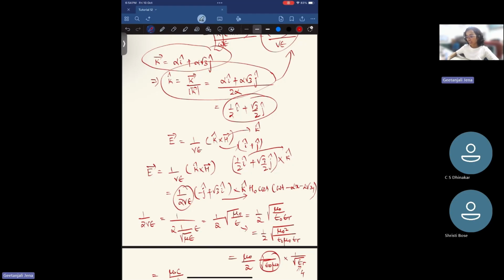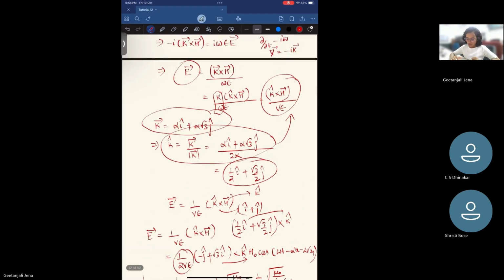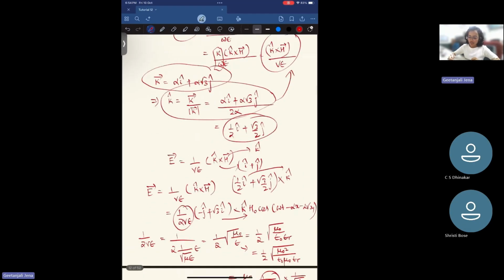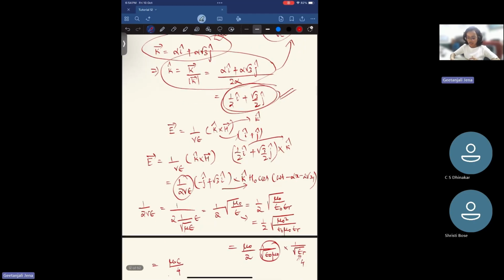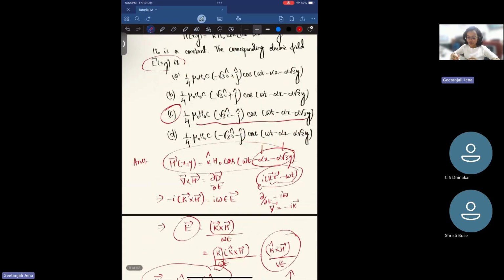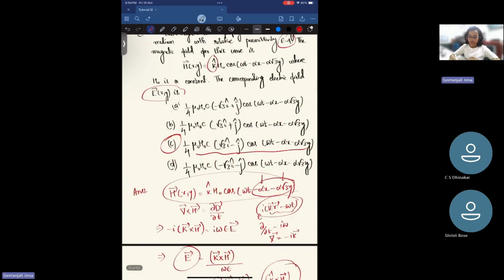J minus root 3 I, right? So let me ask whether up to this it is fine, whether you are getting the k unit vector like this. Okay, so if k is fine, let us check now. So H is in the direction of k.